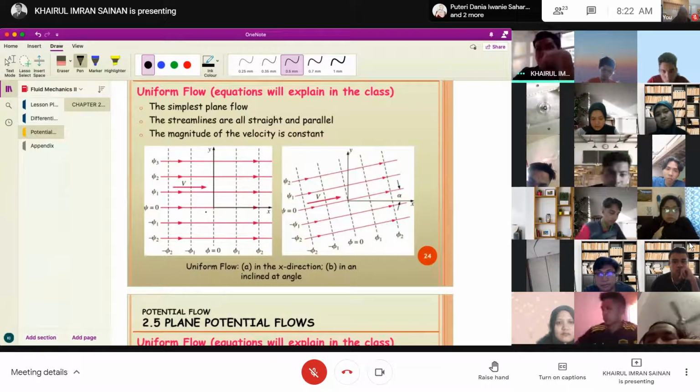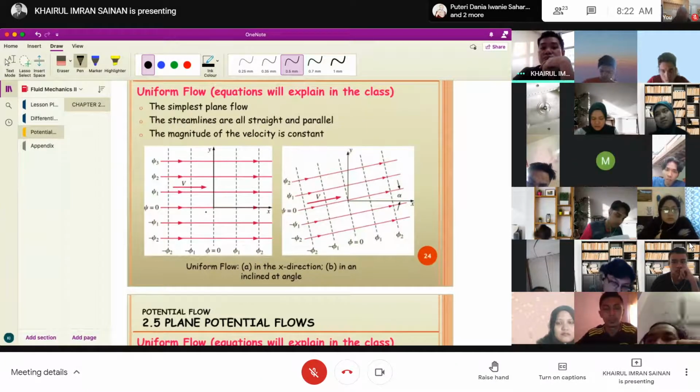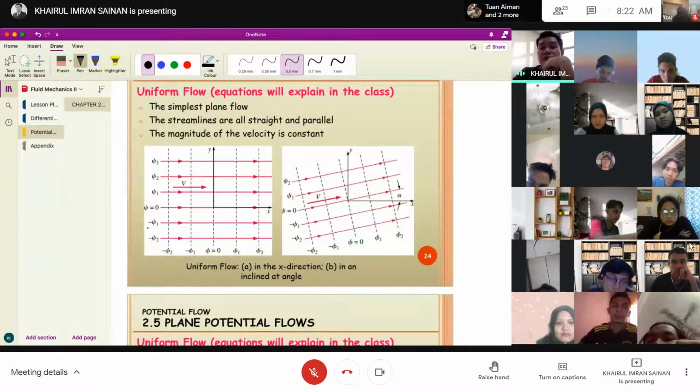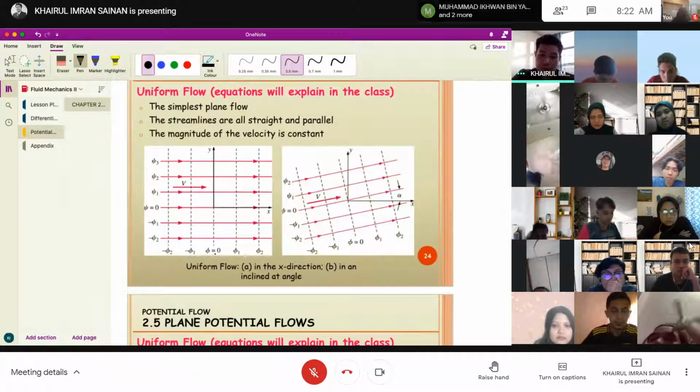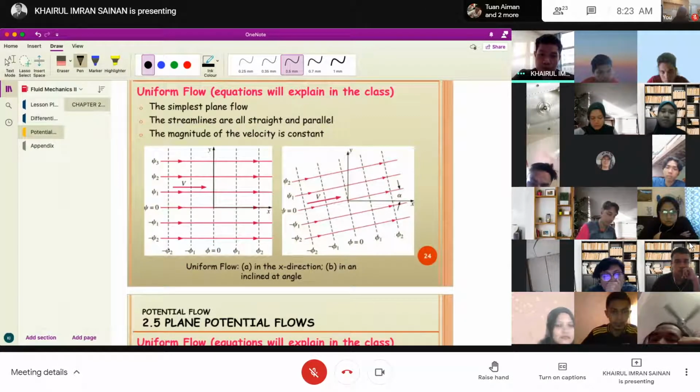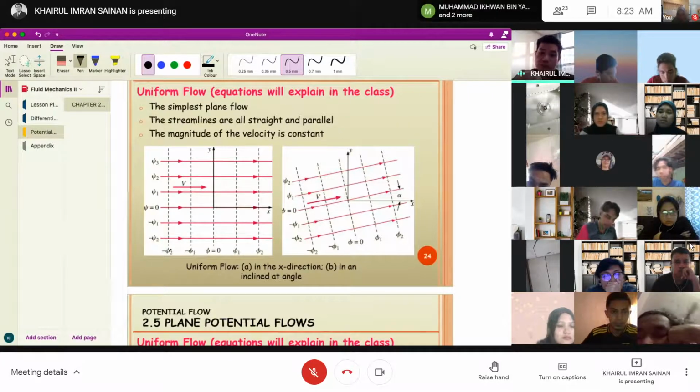And then you have also negative psi 1, psi 2, and psi 3, based on the axis. Similarly, with phi, you're going to have phi 1 and phi 2 in the positive direction, and phi 1 and phi 2 in the negative direction to the other side. So it's actually based on the axis.